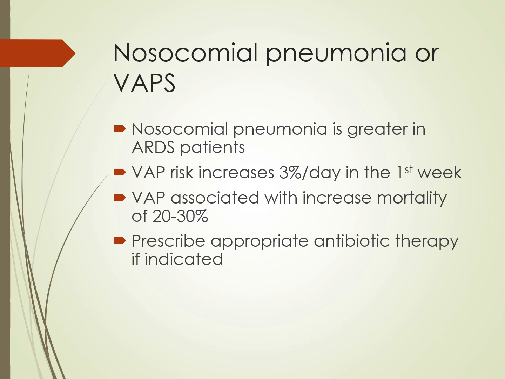VAP risk increases 3% every day in the first week. VAP is associated with increased mortality of 20 to 30% on top of the ARDS. So you really need to identify if someone has VAP. You need to do some diligent airway hygiene, and you've got to do everything you can to prevent it from happening.